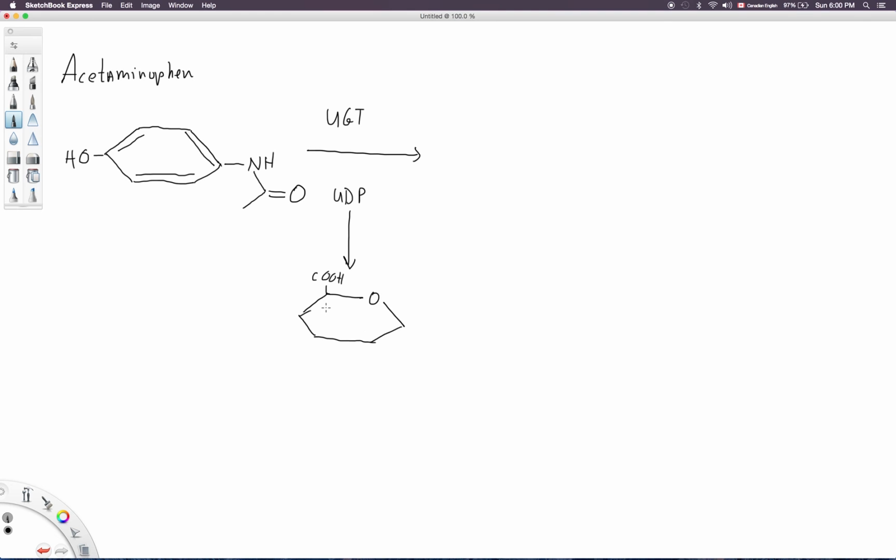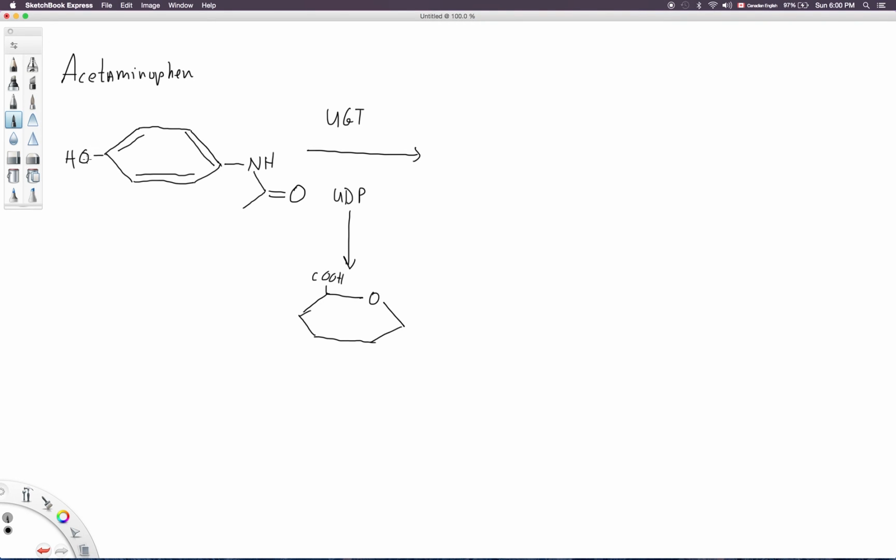Okay, so this is going to get attached to the acetaminophen molecule, and that reaction is catalyzed by the UGTs. Specifically, this is going to get attached over here. The hydrogen is going to get bumped off, and you have a relatively electron-dense area. Oxygen atoms like to take electrons, so you have a reasonably electron-dense region there.